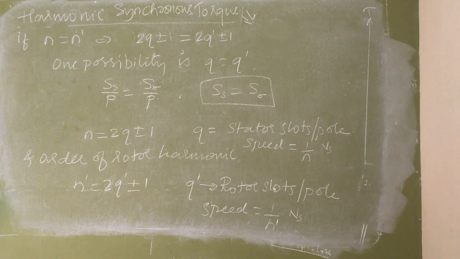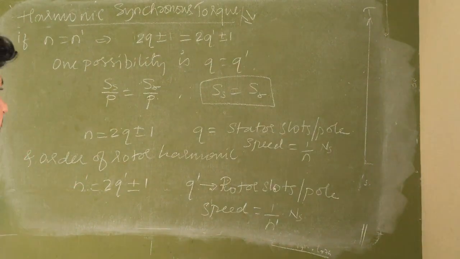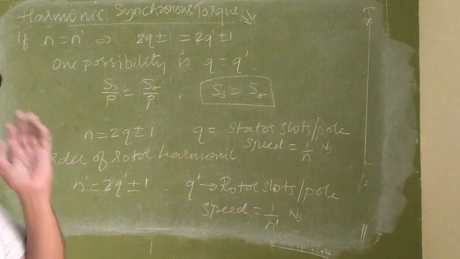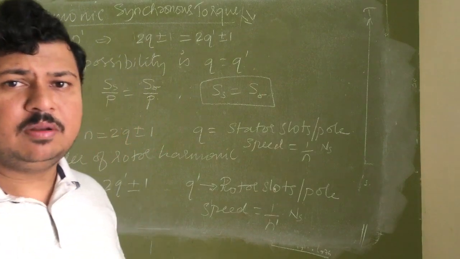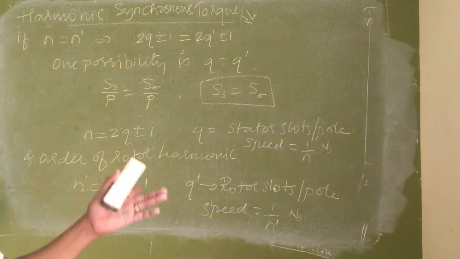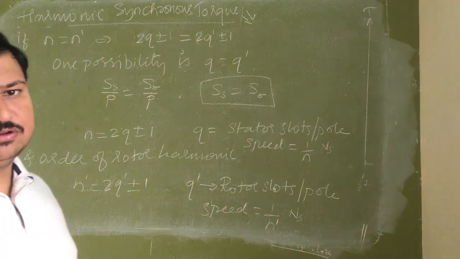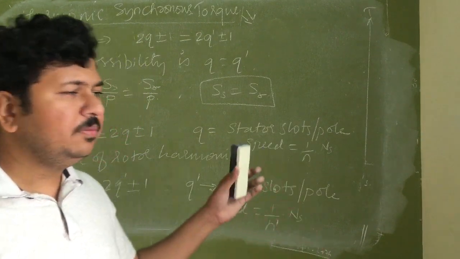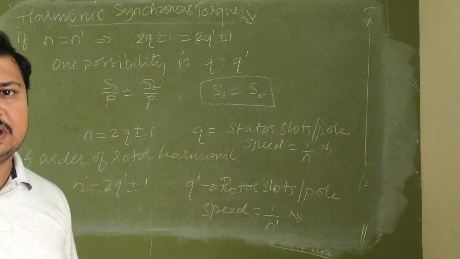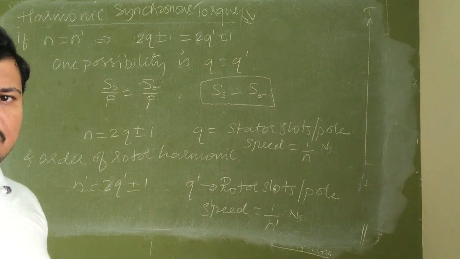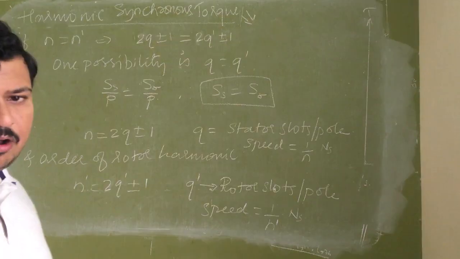Because the number of rotor slots is equal to the number of stator slots, the order of harmonics is the same in stator and rotor. Therefore harmonic synchronous torques are induced which have equal magnitudes and are alternatively in opposite direction. Therefore the average torque produced over time will always be equal to 0, due to which the rotor of the induction motor refuses to start, and this effect is called cogging or magnetic locking.